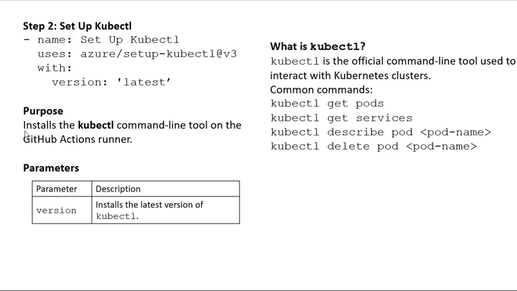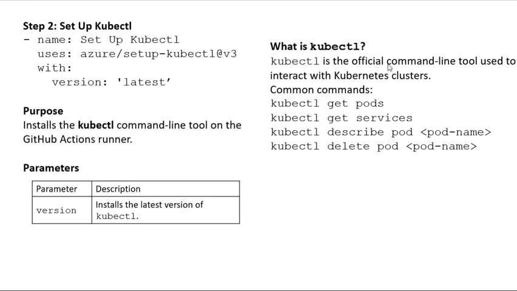The purpose is to install the kubectl command line tool on the GitHub Actions runner, and the version parameter installs the latest version of kubectl. And what is kubectl?